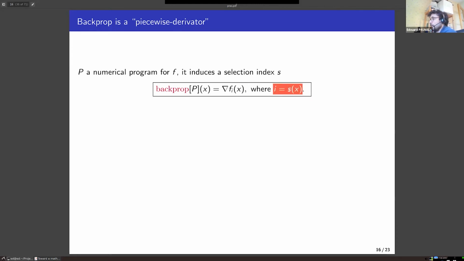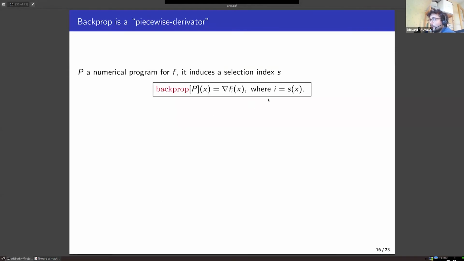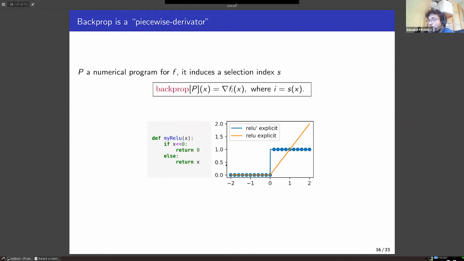Remember that the m functions that we had here are nice; they are among the nice functions. So I have a derivative for them, and at each point x, I have an active index, and I compute the gradient of this one. This really corresponds to what we had in this picture. For the ReLU function, we had two possible outputs, right? And at 0, the active branch is 0. So backpropagation applied to 0 outputs 0.